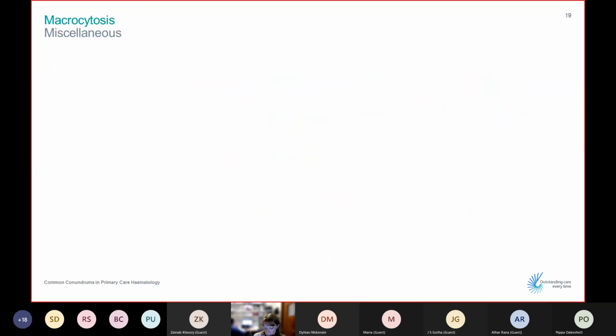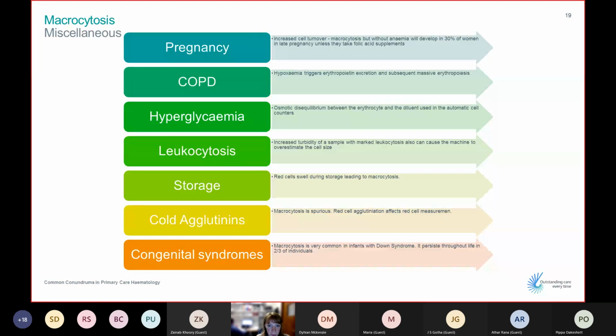Now, the next category in the study they labelled as miscellaneous, and these are mainly sort of artifactual causes of macrocytosis. Pregnancy we've spoken about, but COPD isn't often thought about when we think about macrocytosis, but it can lead to it, and hypoxia triggers erythropoietin excretion and subsequent massive erythrocytosis.